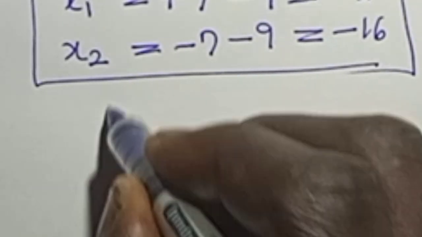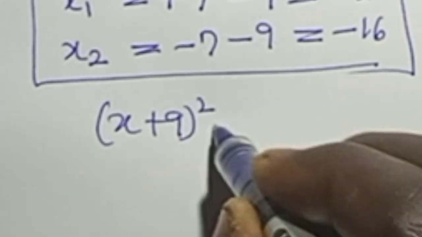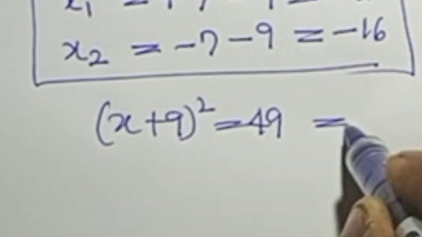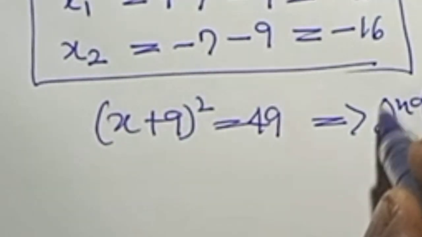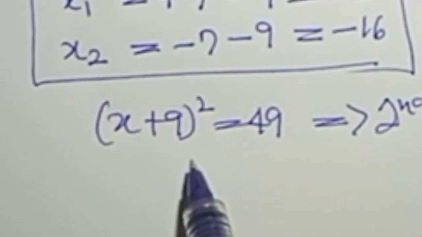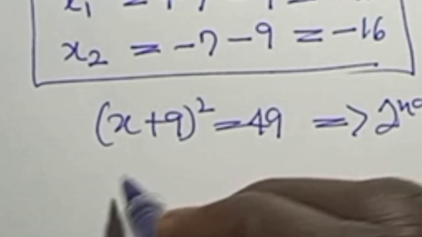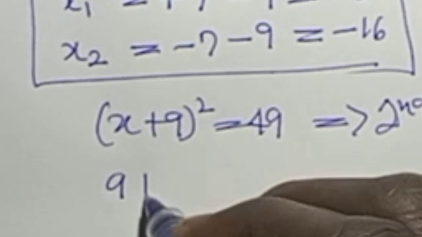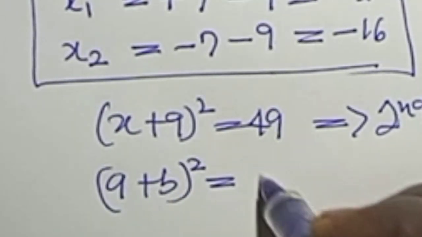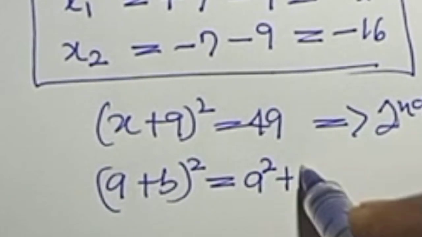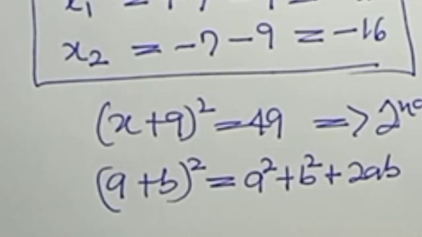And again, for the second method, we have (x + 9)^2 = 49. Here we are going to consider the identity from algebra for the square of a sum. That is, when (a + b) is raised to the power of 2, it is represented as a^2 + b^2 + 2ab.